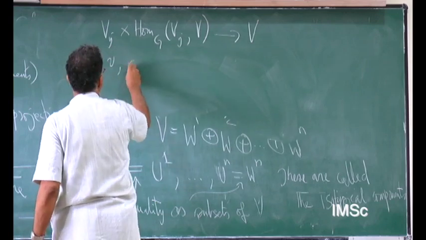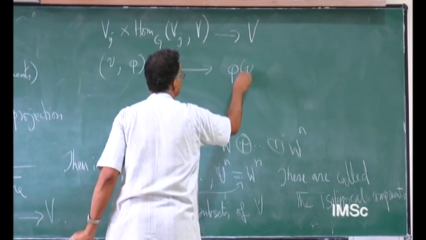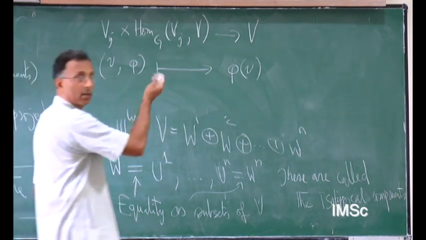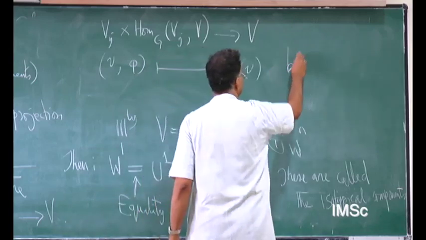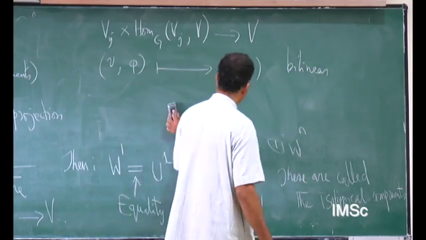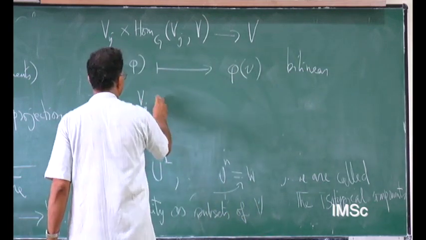I will take v here, phi here. Where do I send it? To phi(v). That's a natural way of getting an element of V out of this. This is obviously bilinear. It's easy checking. And therefore, it goes down by the universal property of the tensor product. So you have a map.